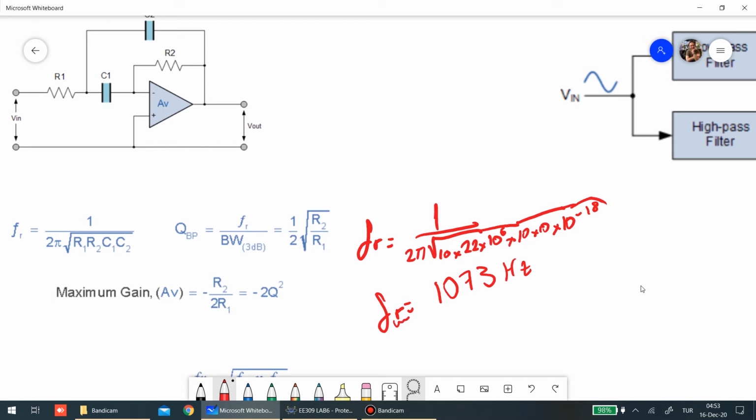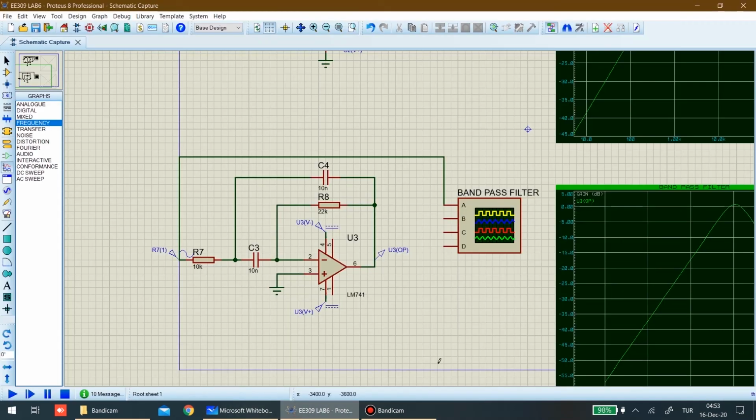So we expect that for this frequency, this filter will give the maximum gain. We expect it to select that frequency. Now let's see.